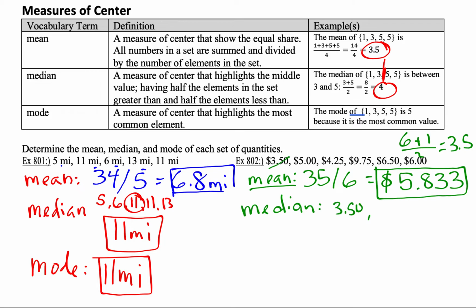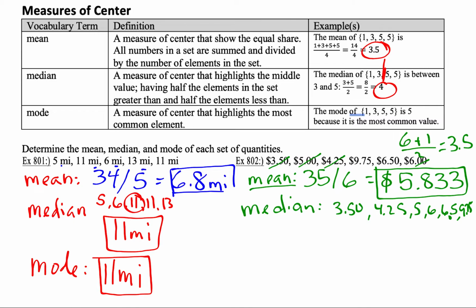The next smallest number is 4.25. The next smallest number looks like it is 5. The next would be 6. And I've actually gone far enough I can do the median, but I'm going to finish it out.